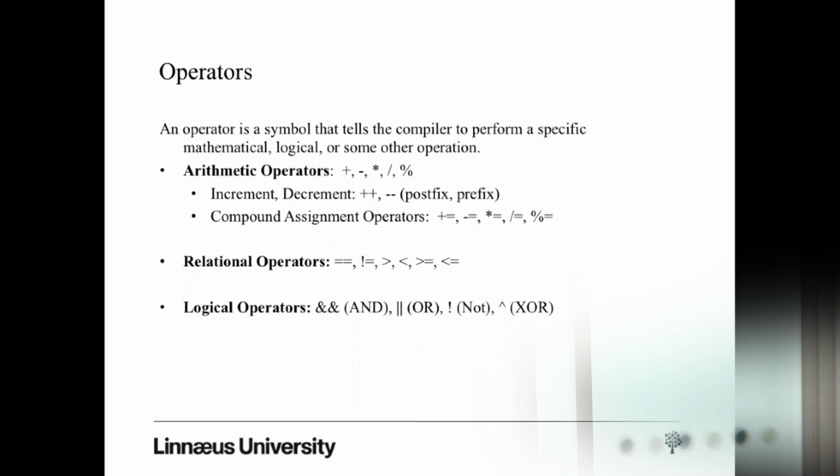And then we also have compound assignment operators. For example, one way to assign a value is a is equal to something. If you have a variable and you want to add some value to it, one way is to write a is equal to a plus 5 or plus 10. The other way is to write it using the compound assignment operator.